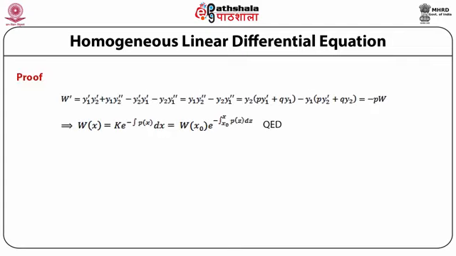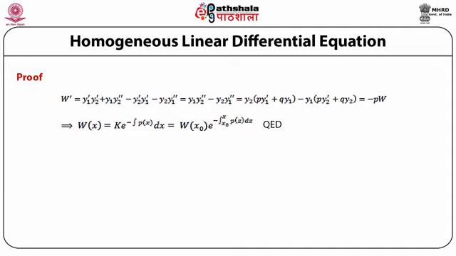So, W prime is equal to y1 prime times y2 prime plus y1 times y2 double prime minus y2 prime y1 prime minus y2 y1 double prime. This is equal to y1 times y2 double prime minus y2 times y1 double prime.